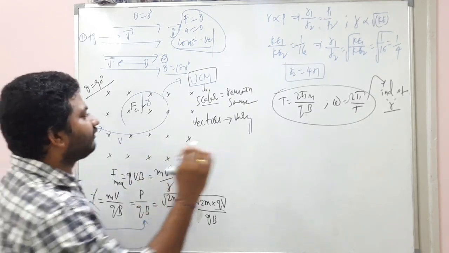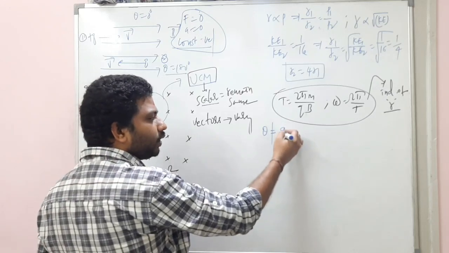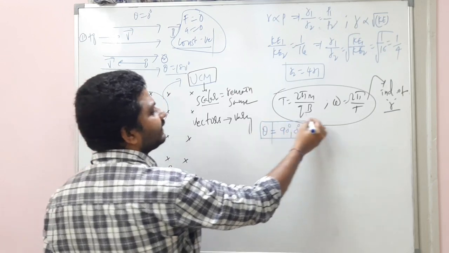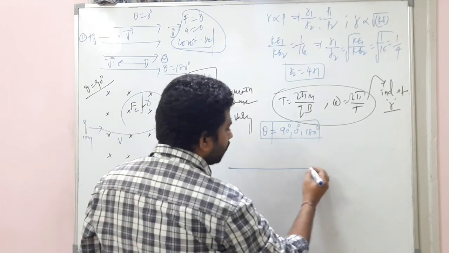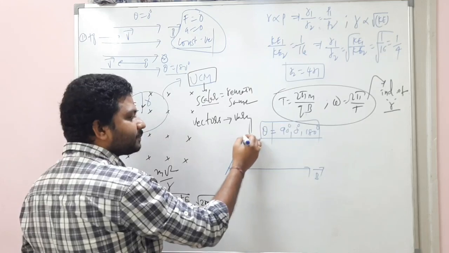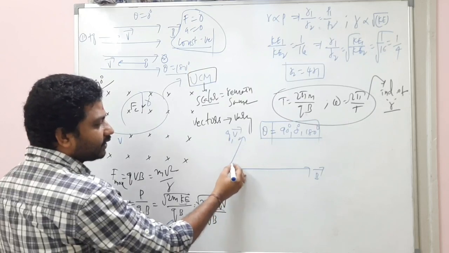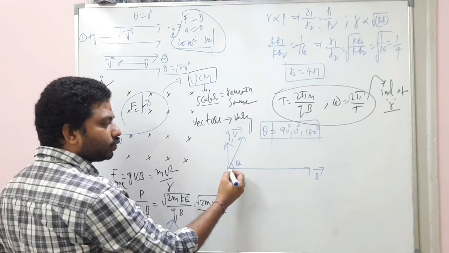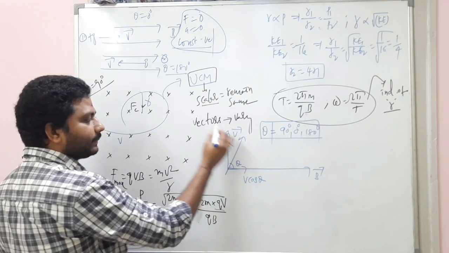Now, my special focus is on the part where theta is not equal to 90, not equal to 0, not equal to 180 degrees, any other angle. For example, this is the magnetic field B bar. The charge is projected with a V bar like this, and this V bar makes an angle theta with B bar. So V bar can be resolved into two components: V cos theta here and V sin theta here.